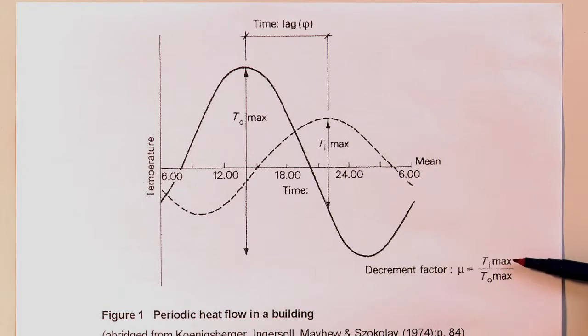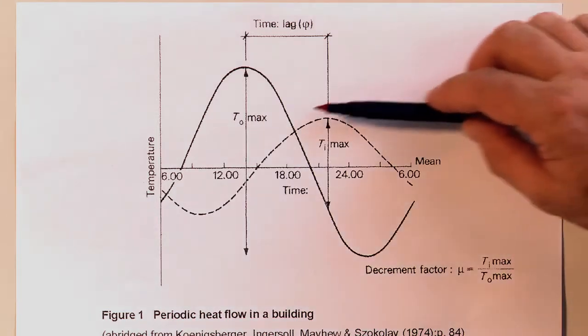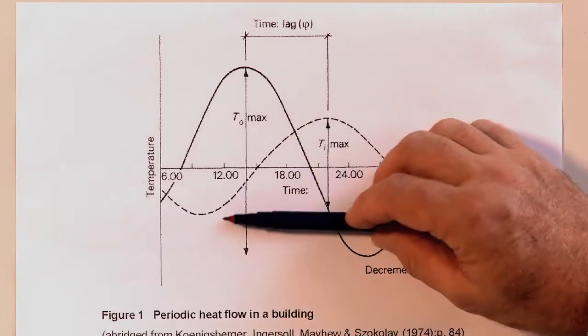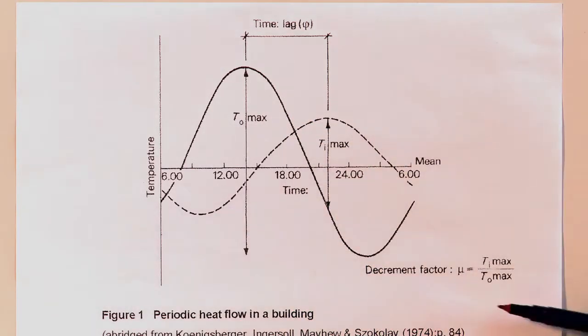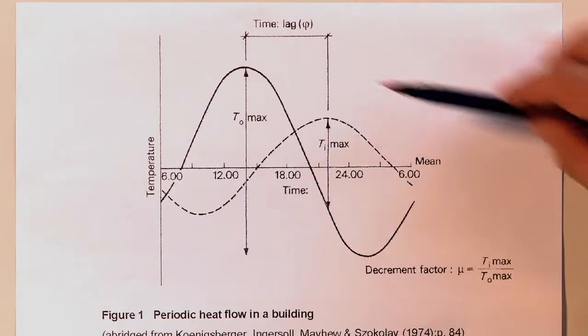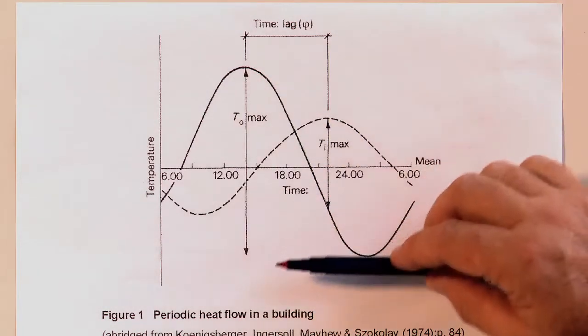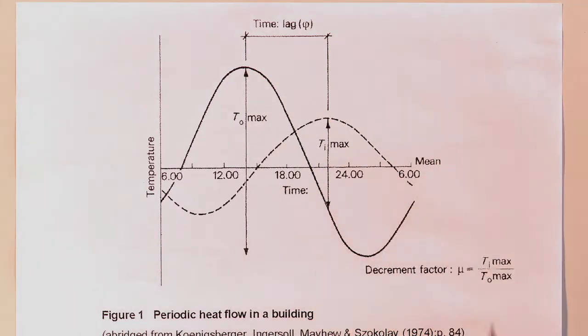So we have Ti, which is the internal temperature between the peak here and the trough here, and the outside, To, which is the peak here and the trough here. So the decrement factor is Ti over To.